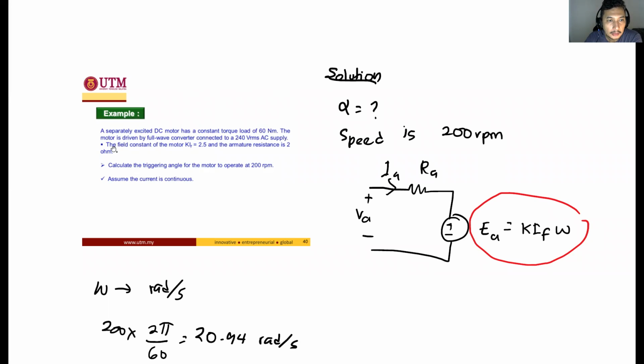Okay, and the field constant of the motor is given, which is KIF equal to 2.5, and the armature resistance is 2 ohm. So the question is to calculate the triggering angle, which is the alpha from the rectifier circuit, for the motor to operate at 200 rotation per minute.